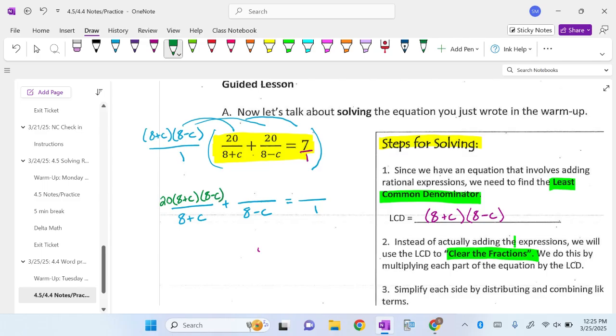That's all you got to do, guys. You just got to rewrite it in terms of multiplication. Because remember, we don't want to distribute yet because then it would be really hard to cross things out. So this one would be the exact same thing. 20 times 8 plus C, 8 minus C. And then the 7 would be 7 times 8 plus C times 8 minus C.